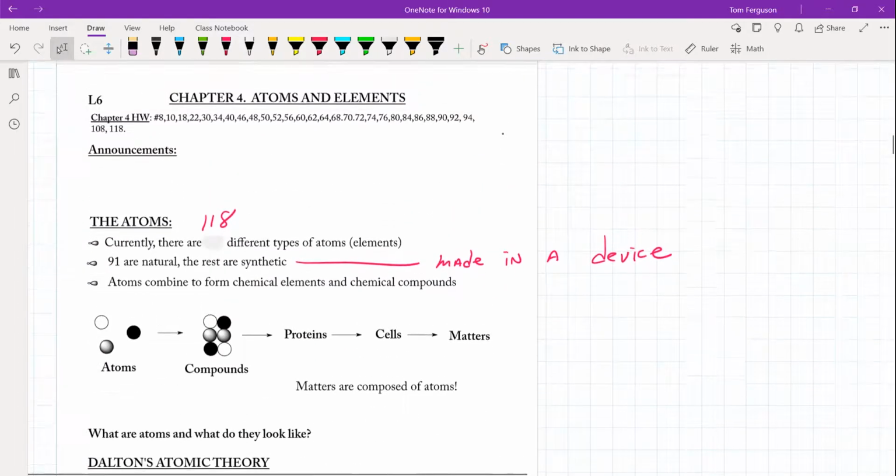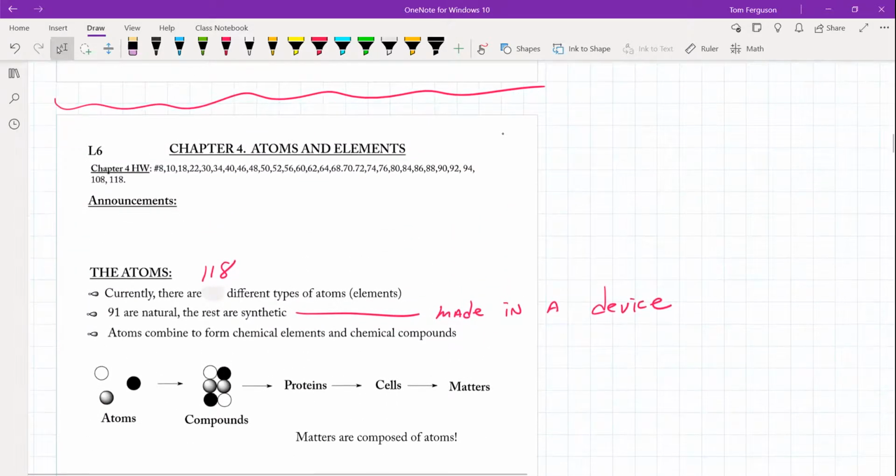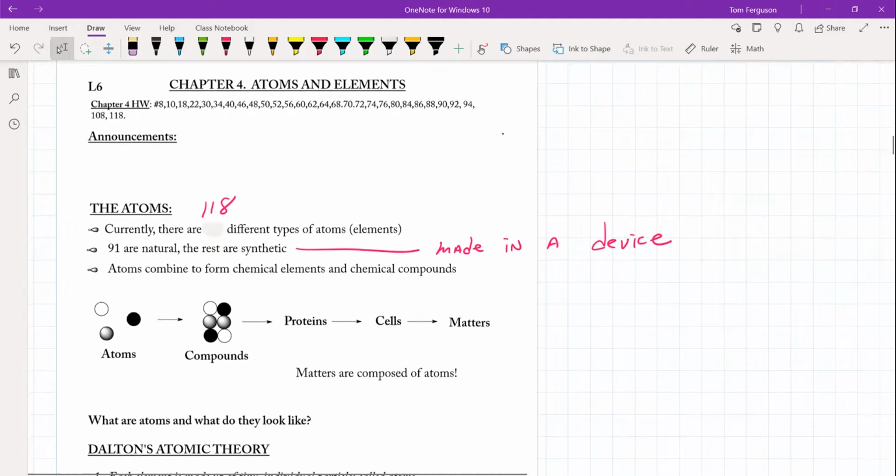All right. Now, chapter 4 is on atoms, elements, and the periodic table. As far as today goes, we have 118 different types of atoms or elements, and only 91 of those occur naturally in nature.